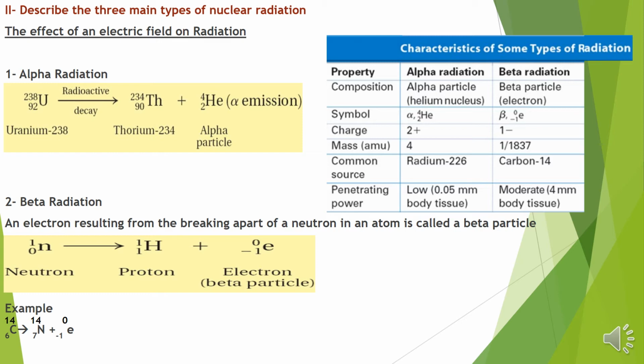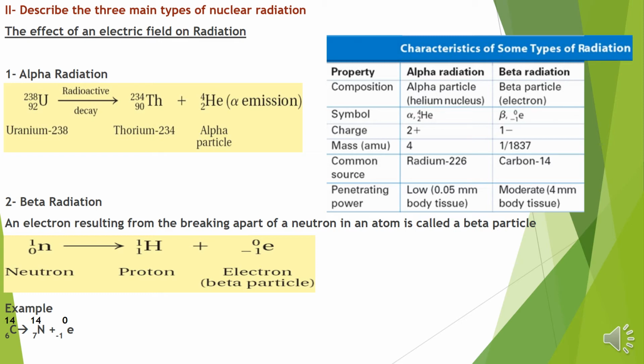Now, in reality, what happens in the nucleus? An electron resulting from the breaking apart of a neutron in an atom is called a beta particle. How is the reaction taking place in the nucleus? In the nucleus, you have a neutron and the protons.